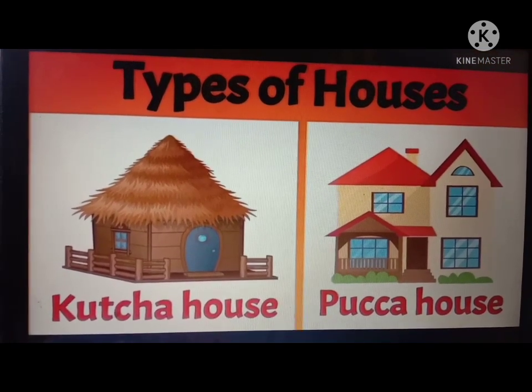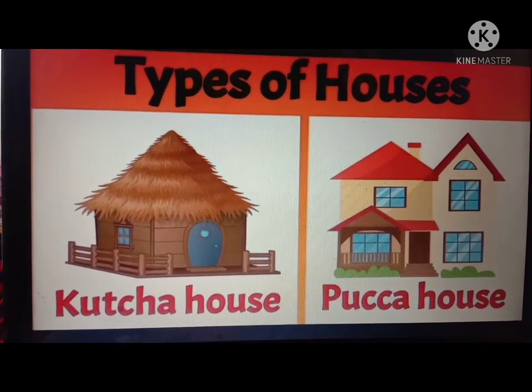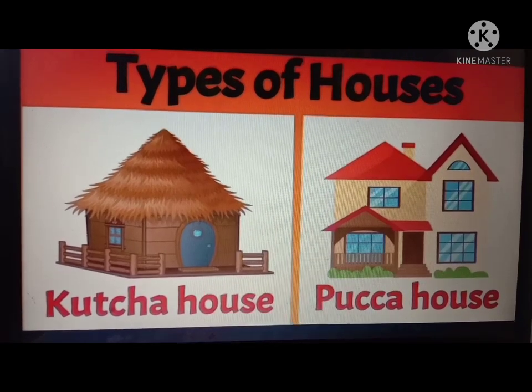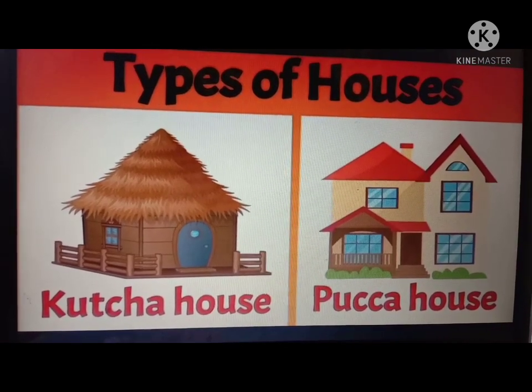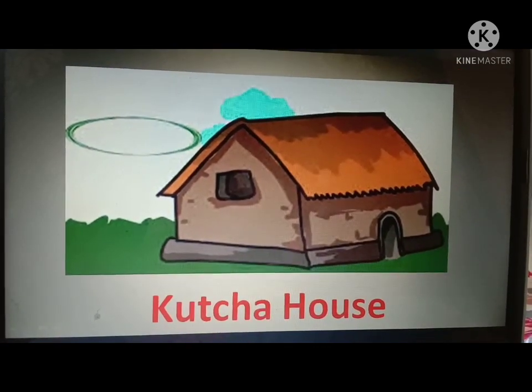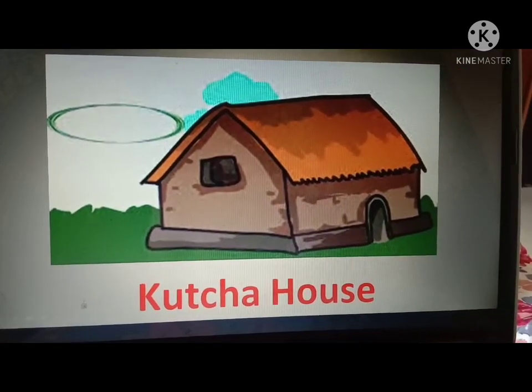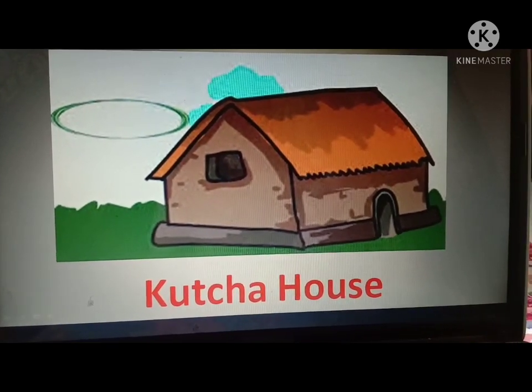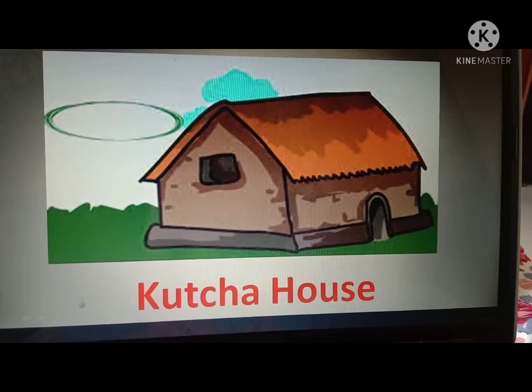Now children, you can see here the picture of a Kacha house and a picture of a Pakka house. This is a picture of a Kacha house. You can see it is a hut.